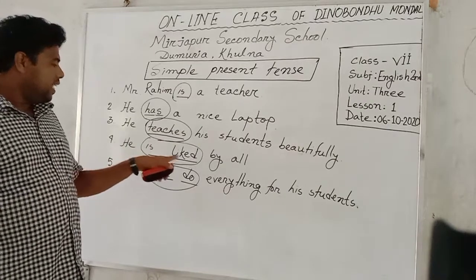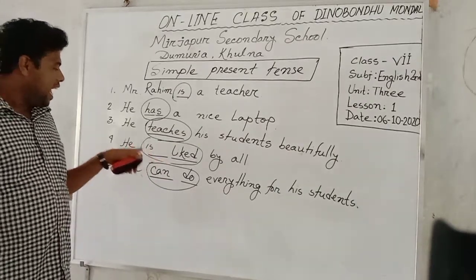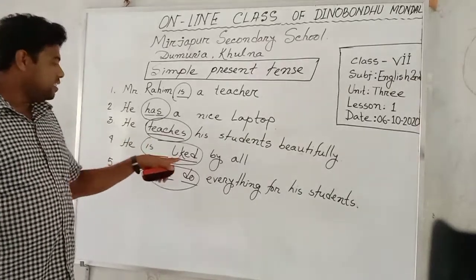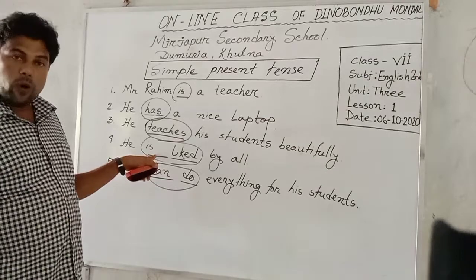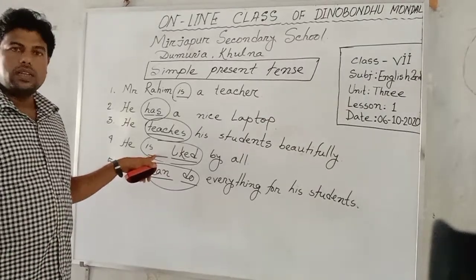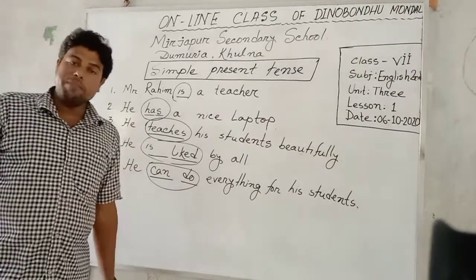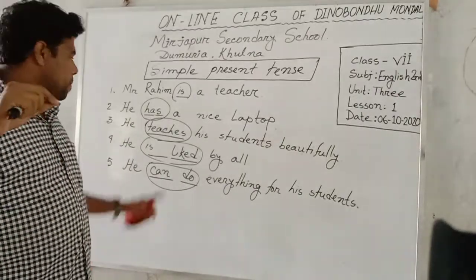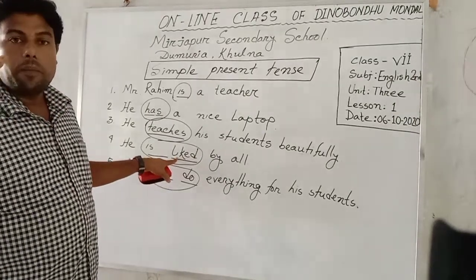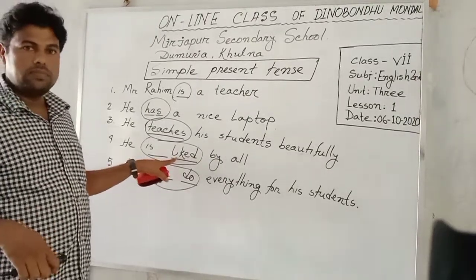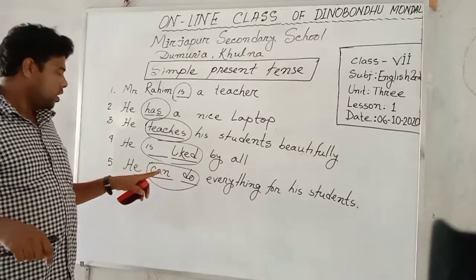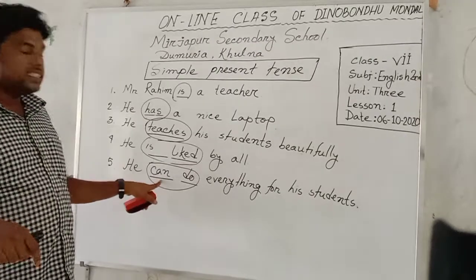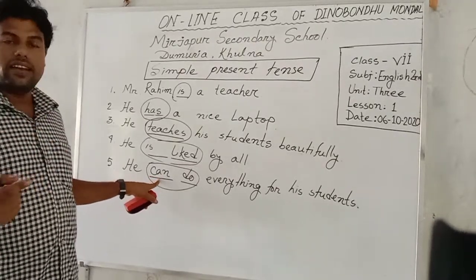we can see this, he is liked by all. And here this verb has been used as a passive verb, and in a passive verb, a verb must show its past participle. And in the last sentence we can see that can.